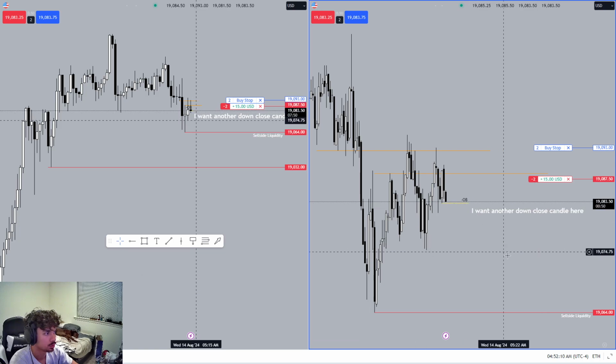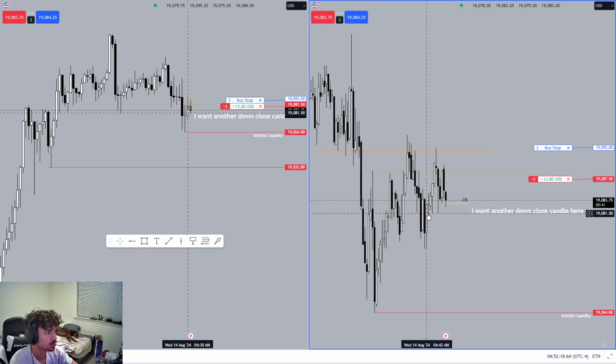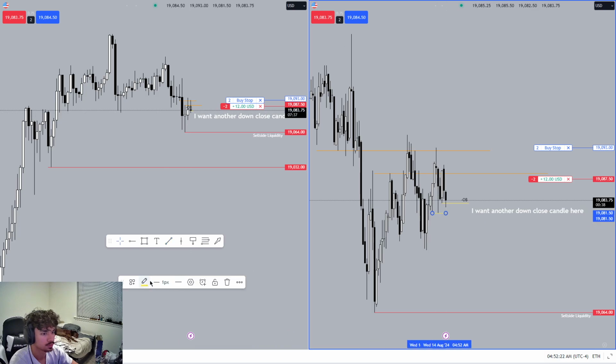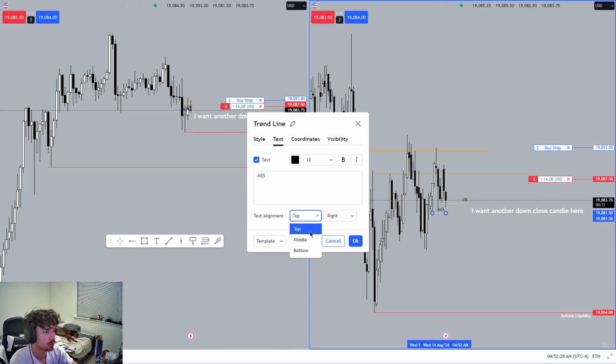This should become an order block. Okay, want to see it reach past these lows. It's a new bearish market structure. Bearish market structure shift.